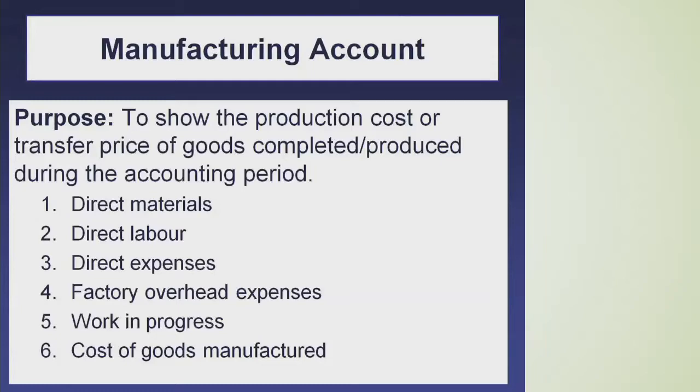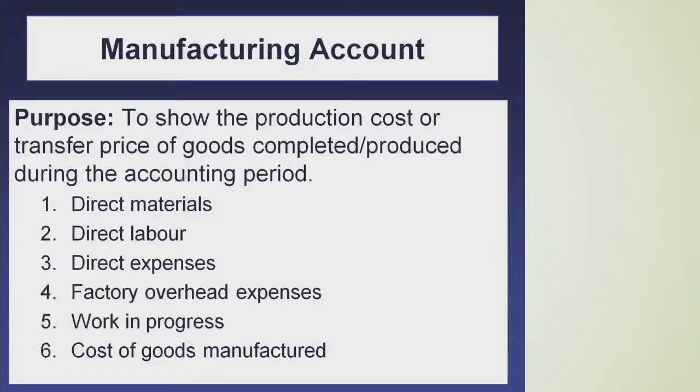These are expenses that are there in the factory, but they do not have any relationship to what is produced. So this is what we call overhead expenses. Overhead expenses are indirect expenses which do not have a direct effect on what is being produced. Work in progress, and then cost of goods manufactured. Okay, this is the final answer now.